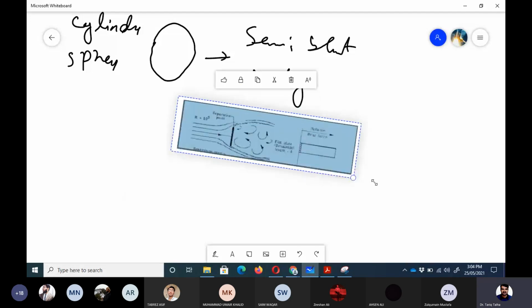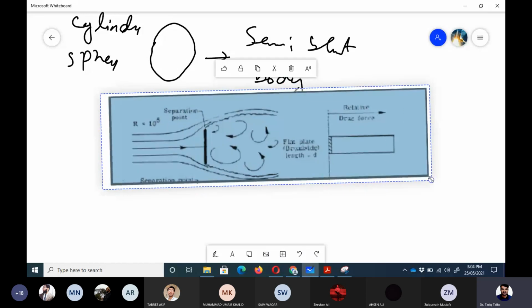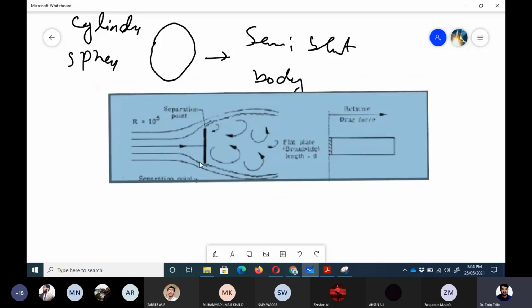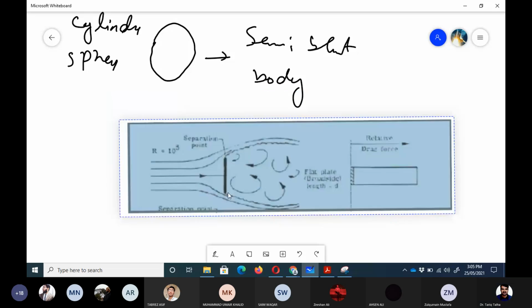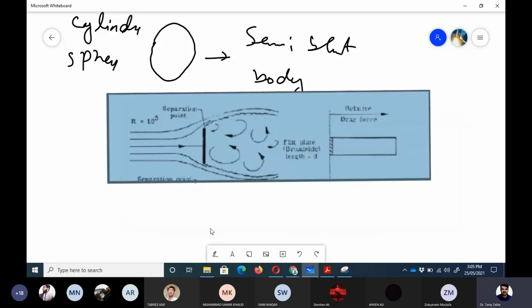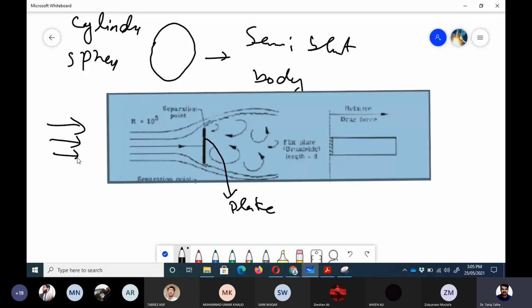Okay, so what is this? Basically, this is the flow around a flat plate which is placed perpendicular to the flow. So basically, this is the plate, and flow is coming from this side. And the divergence of streamlines is shown, and here we have Reynolds number 10 to the power 5.